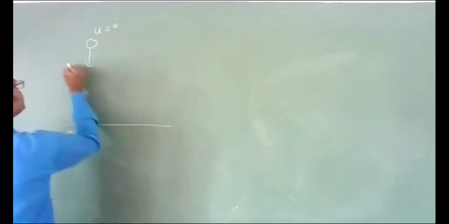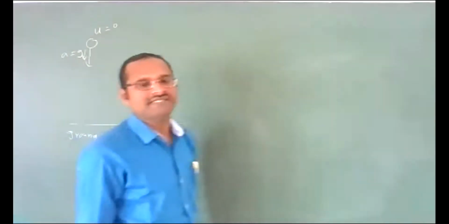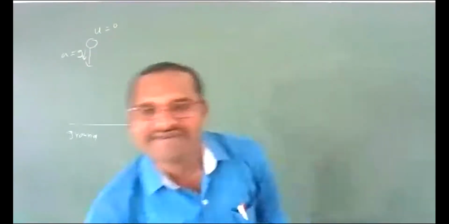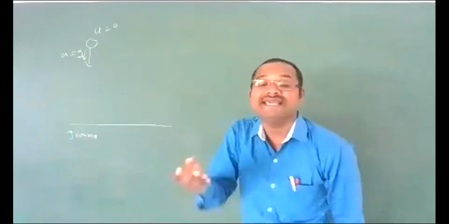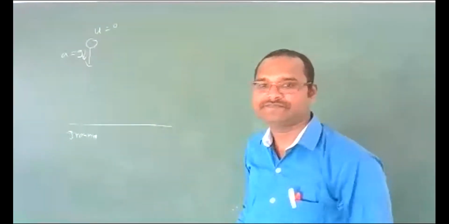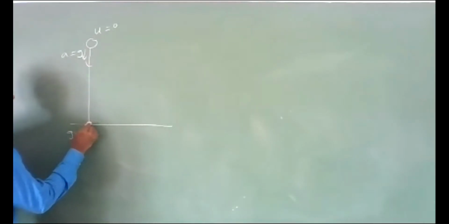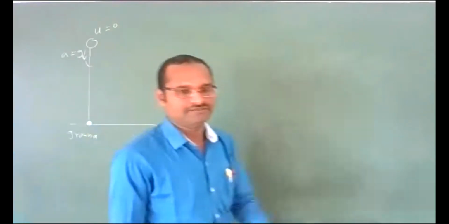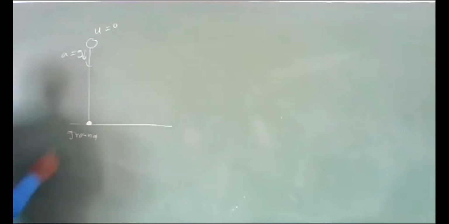Now, in the downward direction, acceleration due to gravity is acting. When acceleration due to gravity is acting downward in the same direction as the motion of the ball, what happens to the velocity? Velocity goes on increasing. It will hit the ground with the maximum velocity it can have.